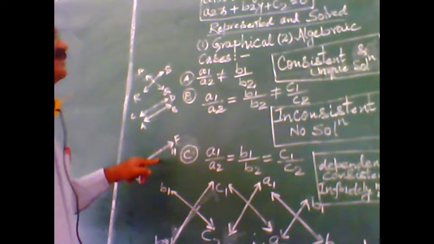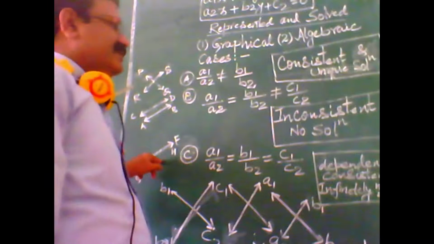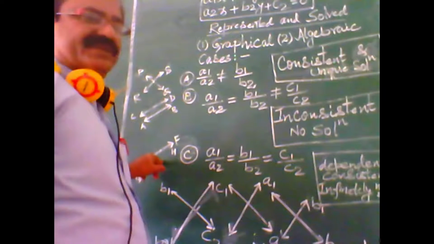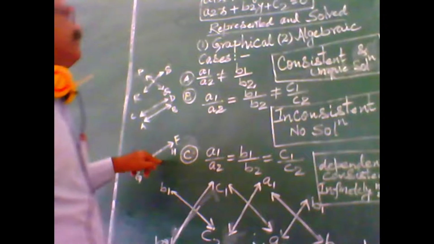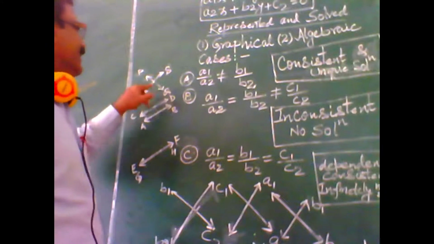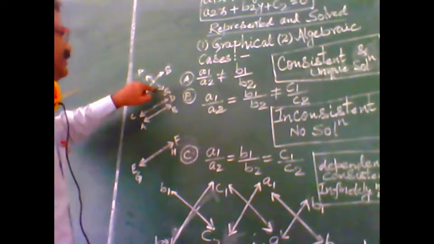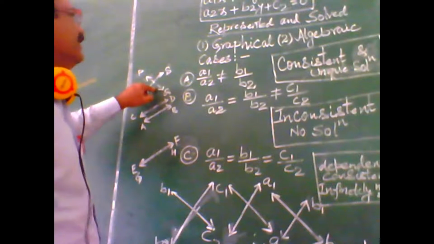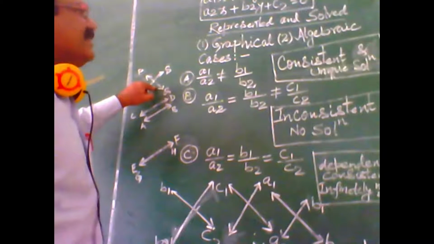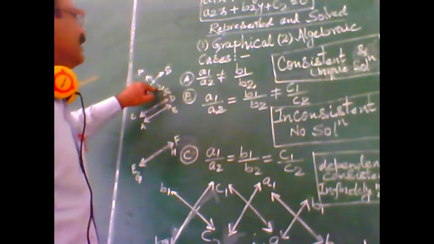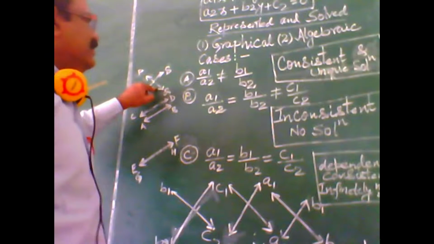So students, by drawing the graphs we can find that if the graphs intersect each other, the system is consistent and its solution will be unique.